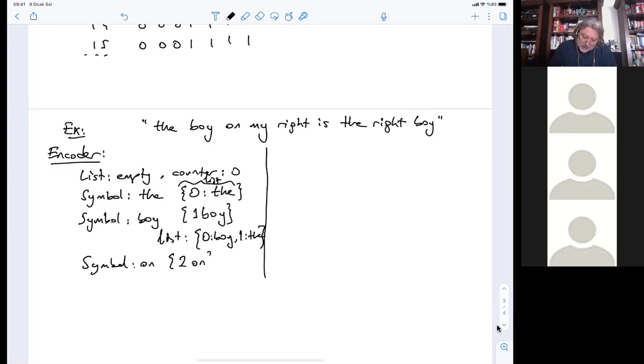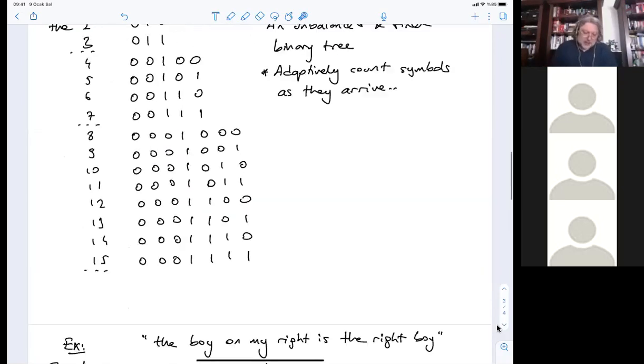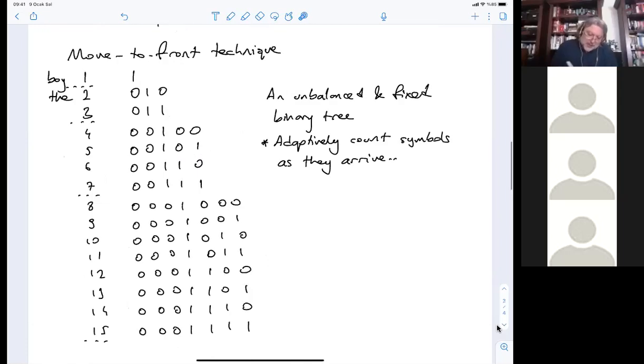I emit this, and the list becomes 0 on, 1 boy, and 2 the, because they appear all once. The boy on, they appear as one. So we erase them again all over. We say this is on, this is boy, this is the.